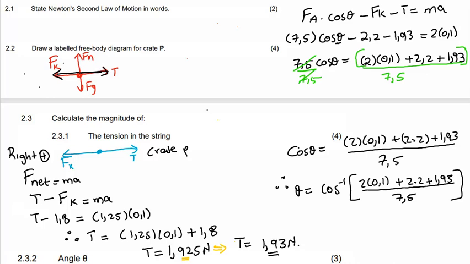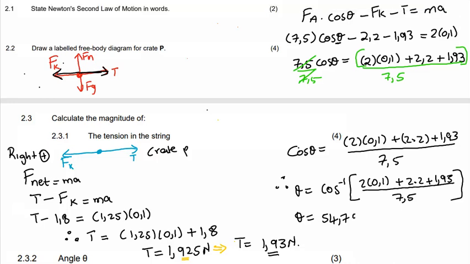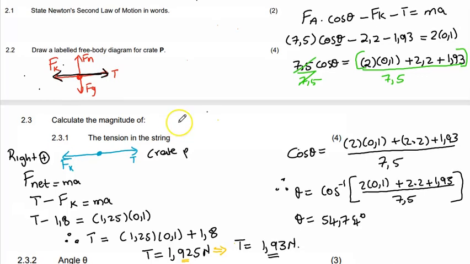We divide everything by 7.5. Let's see what we get. The angle theta should be 54.74 if you round it off. So theta is equal to 54.74 degrees.